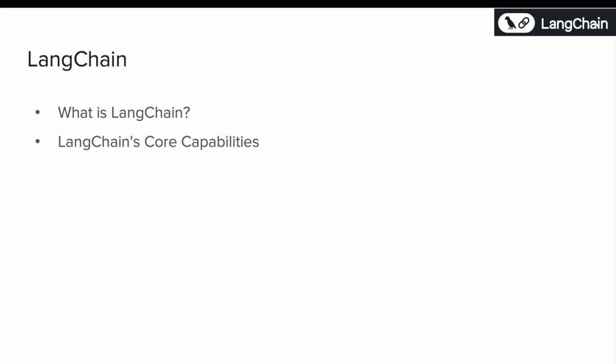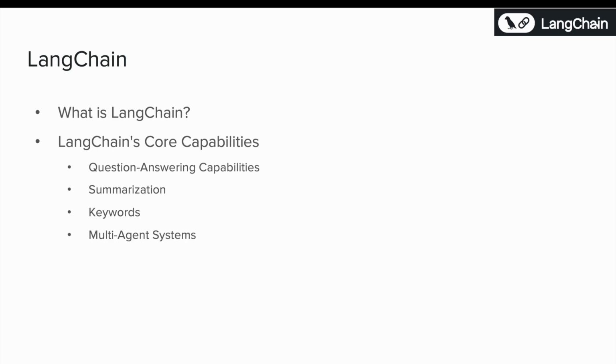What are some of LangChain's core capabilities? With LangChain, you can create applications that utilize question answering capabilities to respond to user queries. You can perform summarization of long text, making information easier to digest, extract keywords and topics from text for content organization, and build multi agent systems where several specialized AI agents work together to complete a task.